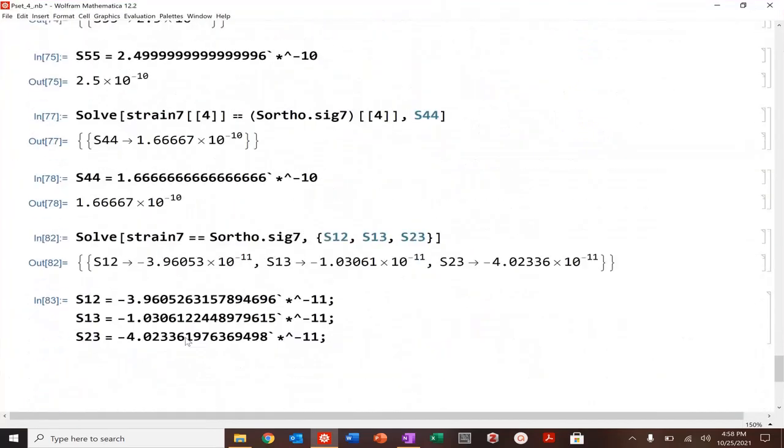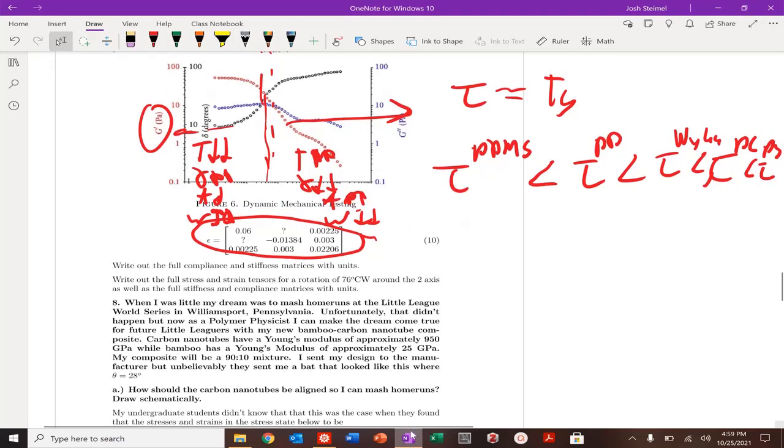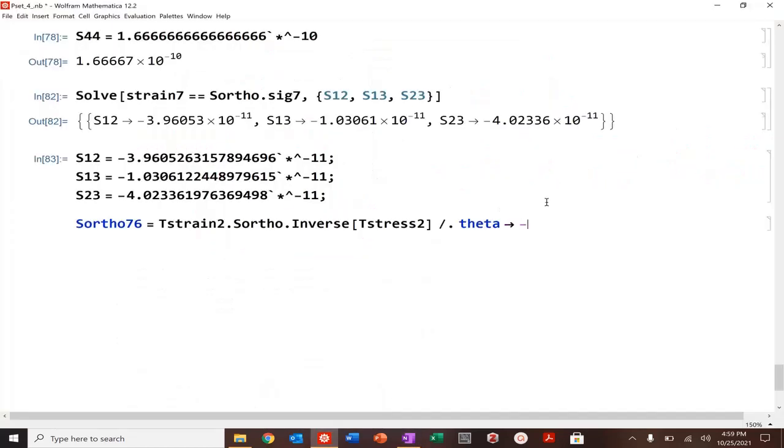So I'm going to do my S ortho 76 is going to be equal to T strain 2 dot S ortho dot the inverse of T stress 2, slash dot theta goes to, what was the angle here? 76 clockwise, that's minus 76.